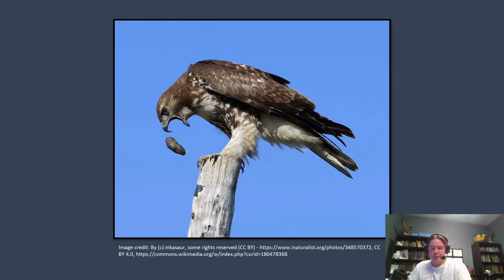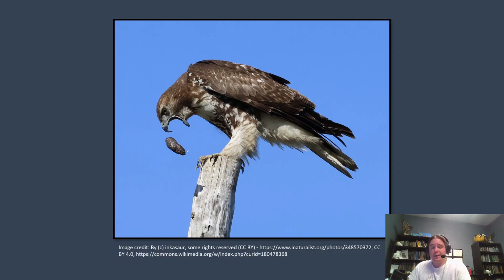Some cool things to talk about with digestion are things that we can associate the digestive system with in the natural history of certain bird species. If we look at something like a red-tailed hawk, but really any raptors, also swifts, passerines, and some other groups of birds do this as well. Many birds produce pellets.